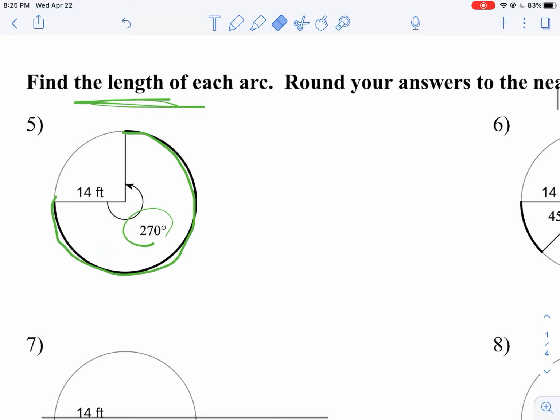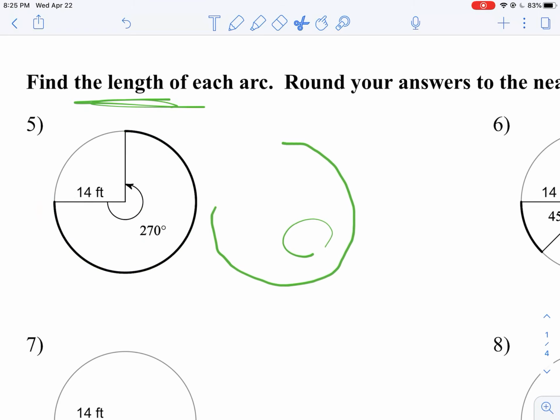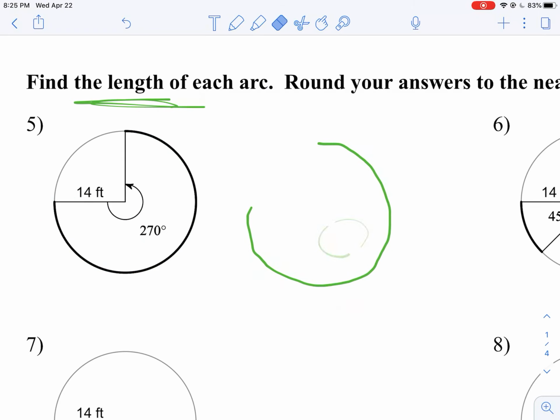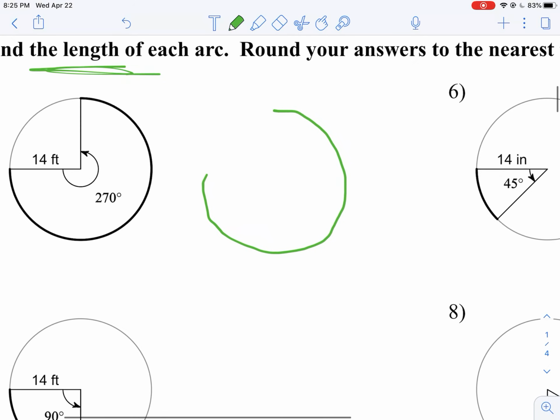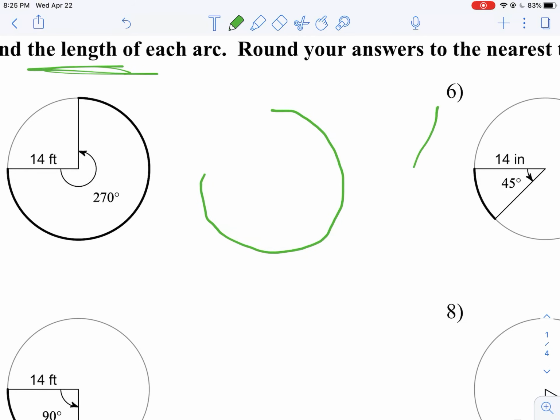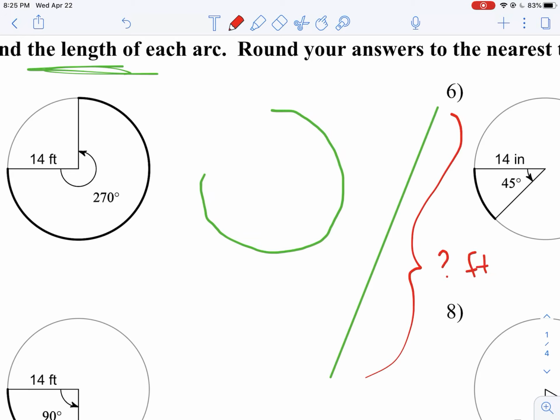Okay. The actual length, like this green line that I drew. Imagine I straightened that out like a spaghetti noodle, right? I took it and I straightened it out. I want to know what this piece measures, in this case for number 1, it's going to be feet, right? How many feet would this green line be here?